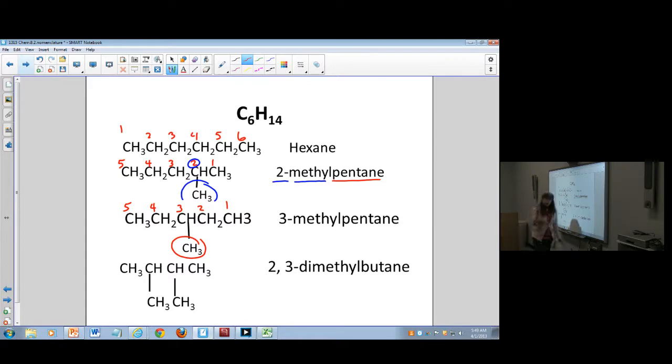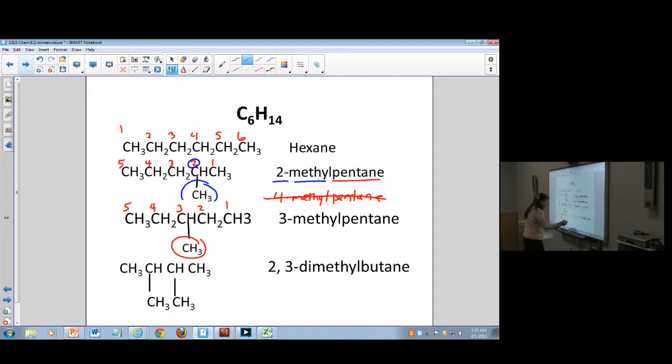But your goal is to always look for the lowest possible numbering. So you always count forward and backward, whichever way works the best to get the lowest possible numbering. Now, remember, I can't make something called 4-methyl pentane because if I move it down 1, we just did this. If I moved it down 1, then it's still just 2-methyl pentane. So that one doesn't work. That's all I can get on there without changing anything else.